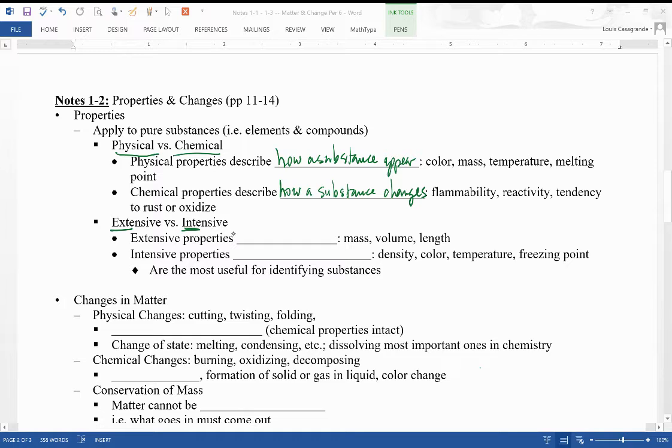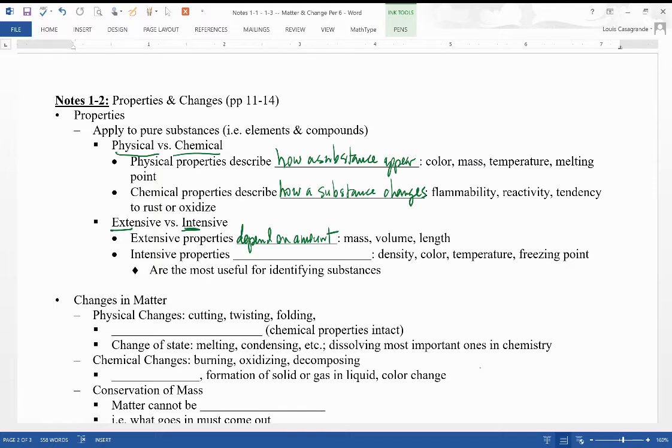So extensive properties are going to be properties that depend on the amount. But they're not going to be very useful for identifying different kinds of compounds or substances according to their different types.